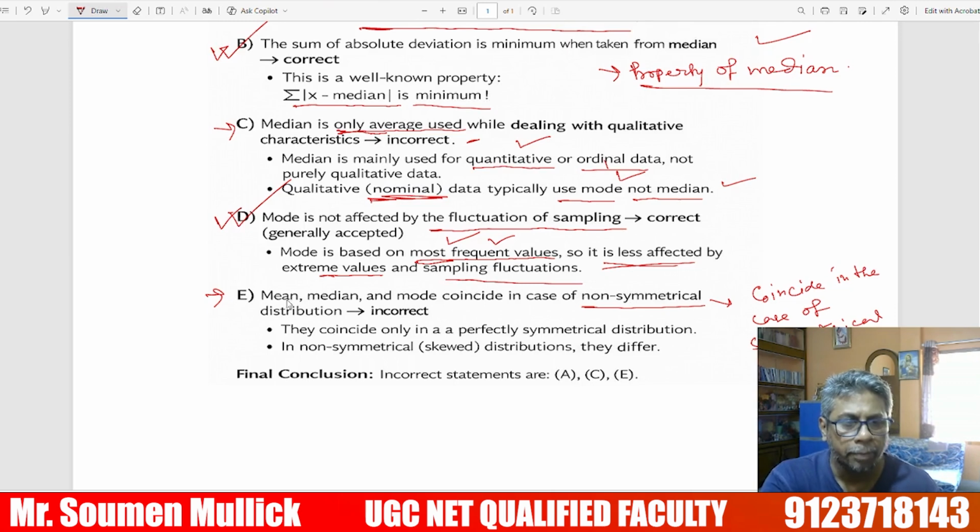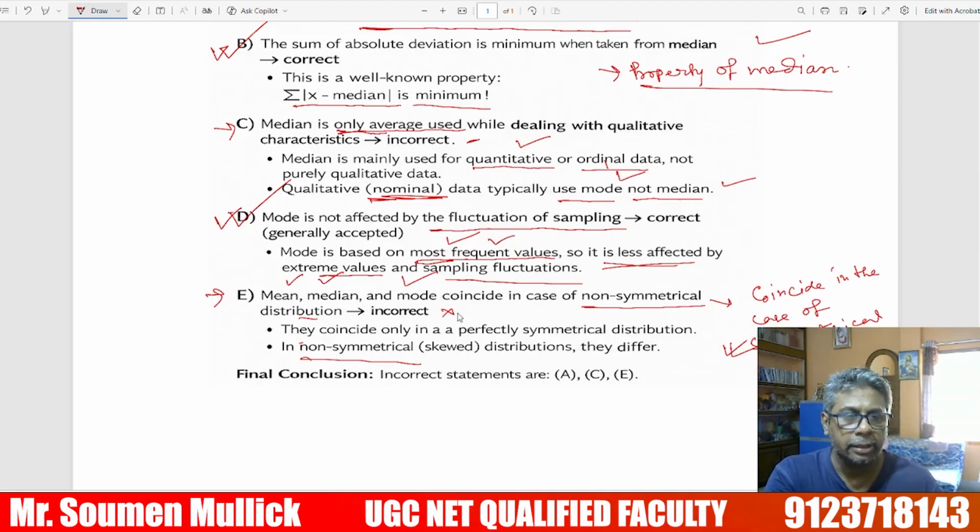And the last statement: mean, median, mode coincide in case of non-symmetrical distribution. This is an incorrect statement. Why? Mean, median and mode coincide in the case of symmetrical distribution, not skewed or non-symmetrical distribution.